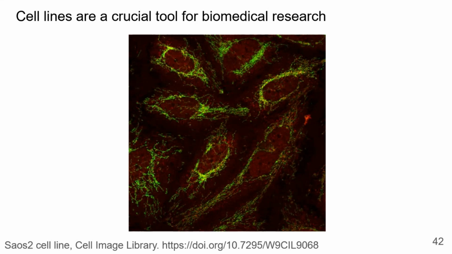So most cell lines are immortalized. So they will continue to replicate and live forever under the right conditions, and they all originate from the same donor. So for instance, this is an osteosarcoma cell line called SAOS-2 that is used very frequently for bone cancer research.